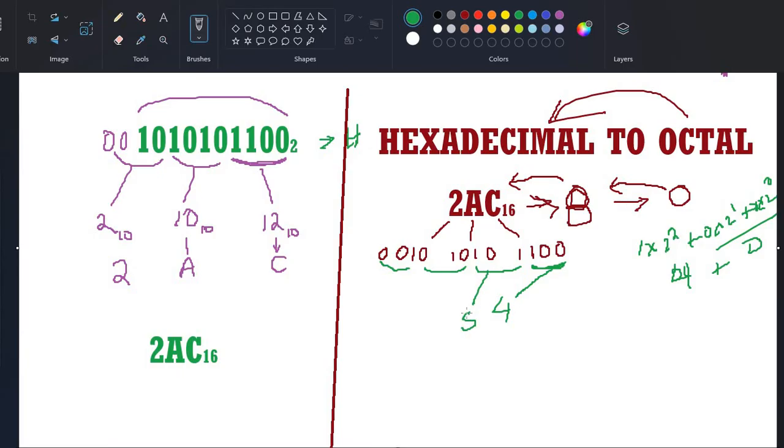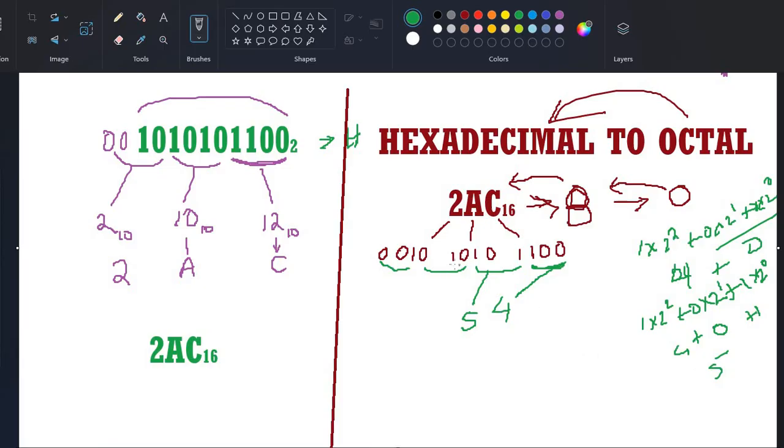You can calculate it as well: 1 into 2 to the power 2 plus 0 into 2 to the power 1 plus 1 into 2 to the power 0. 2 to the power 0 is always 1. So 1 into 1 equals 1, plus 0, since 0 into any number is 0, plus 2 to the power 2 equals 4. So 4 plus 1 equals 5.